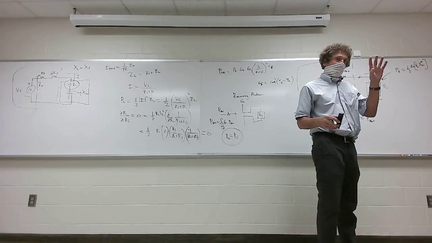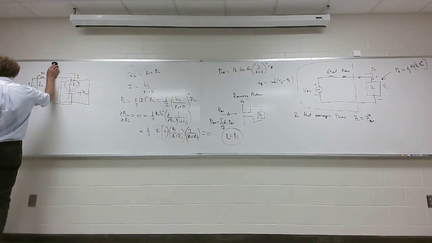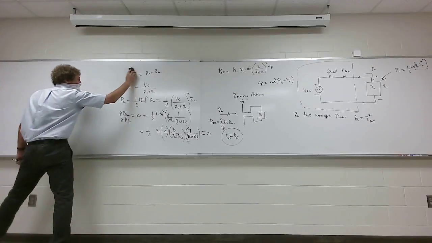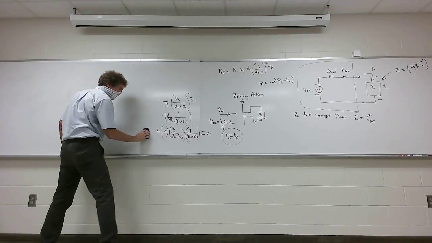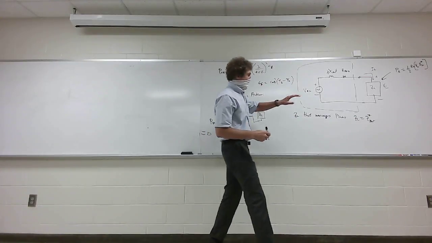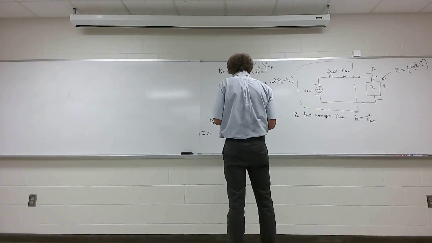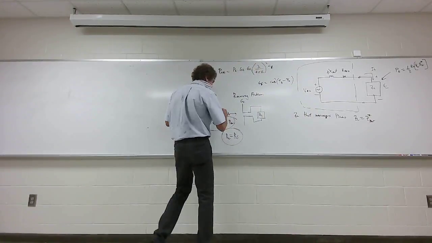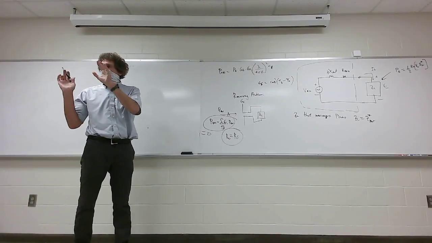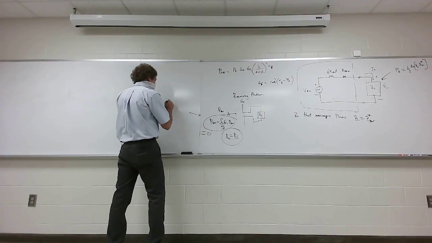Now, here's the point, and this is the important part. When we look at this, the actual P received that you calculate with this formula, mark this down, please, in your notes and in your book. That is the maximum possible power received.